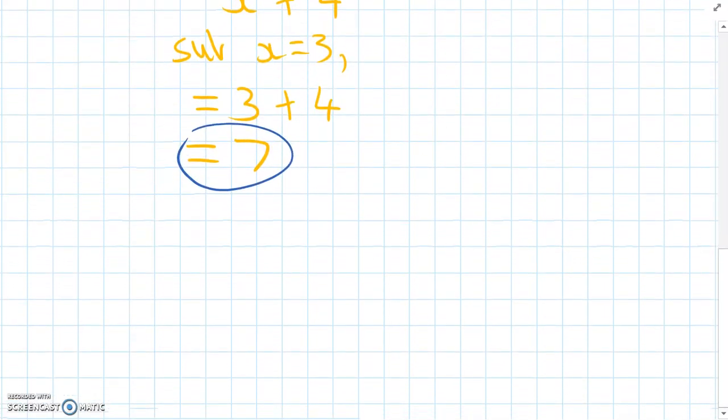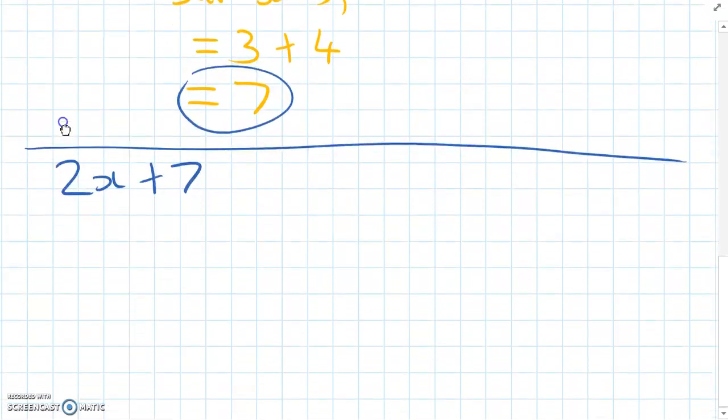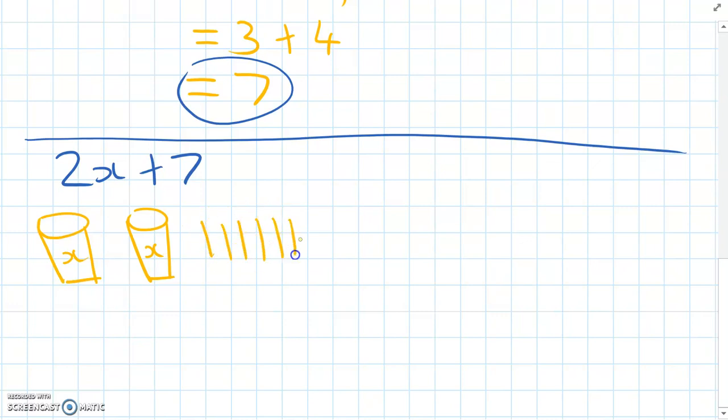So let's look at another example. If we have 2x plus 7, to represent this with the cups and the straws, we know that 2x means 2 times x, and that means 2 cups, or 2 lots of x. So we've got 1x, 2 x's, and 7 straws.